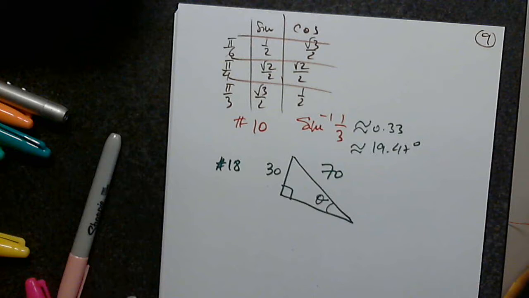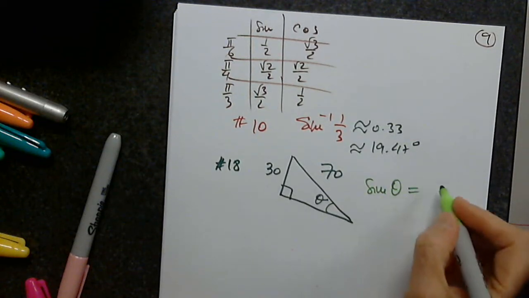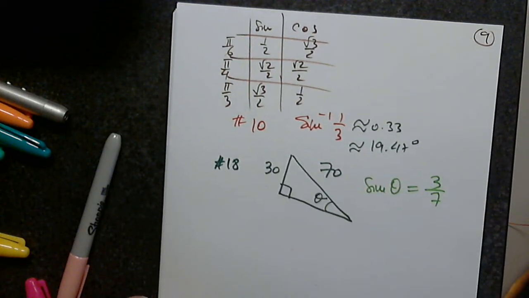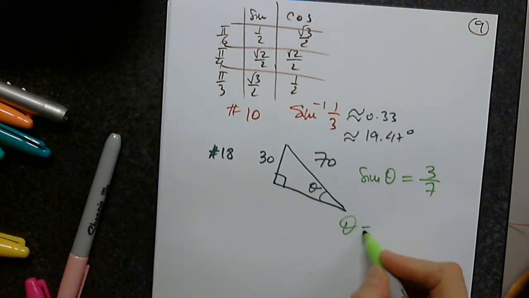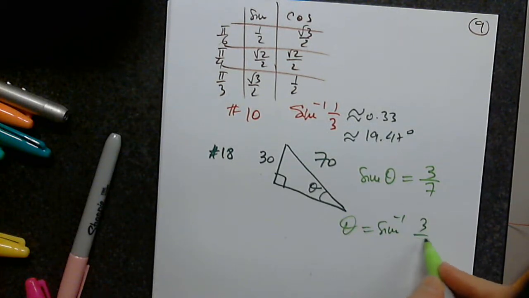Good, so what do I do? Sine theta equals 30 over 70. Exactly. So I write sine theta equals 3 divided by 7, or 30 over 70. Now, how do I determine theta? What should I do to both sides? Sine inverse. Exactly. So theta will be sine inverse of 3 over 7.